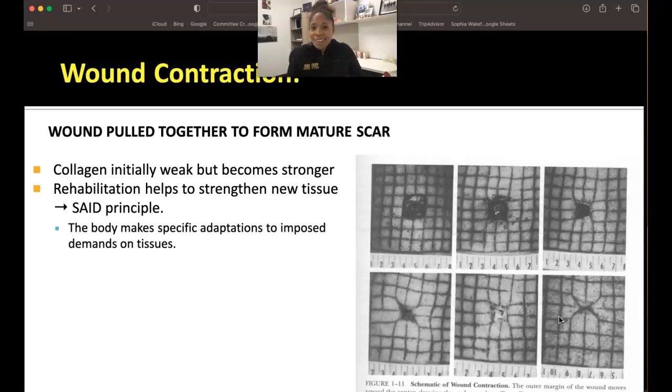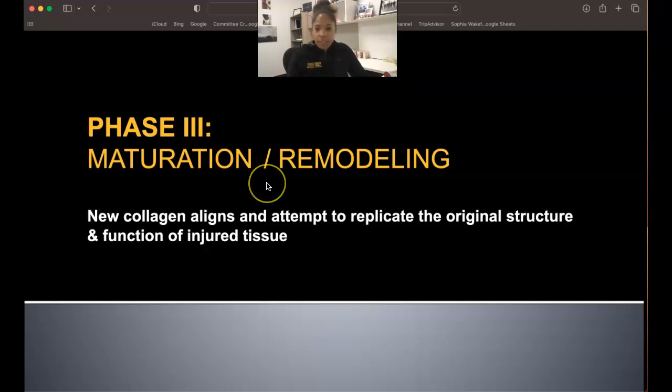But you guys will know, you're educated healthcare practitioners, you'll say, slow down. We're still in the repair phase where we're laying down type 3 collagen, which is extremely weak and hasn't had a chance to align straight enough to withstand the forces and the stresses. So we're at the highest risk for re-injury in this phase of healing. So we have to be very, very careful.